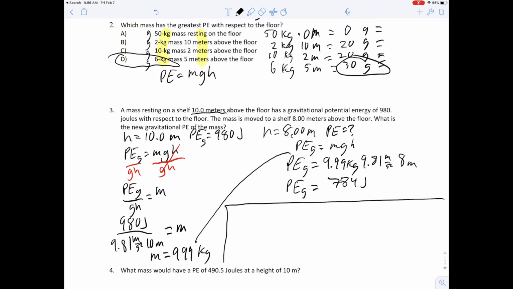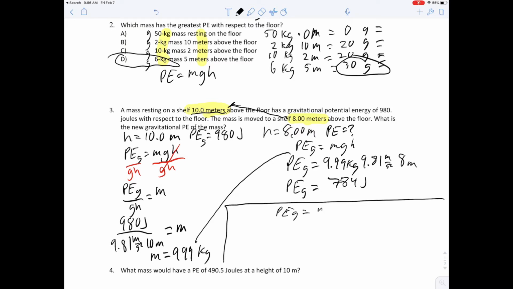Now, if you're good with math and you're able to look at this and realize it was at 10 meters and now it's at 8 meters, that is 80% of what it used to be.